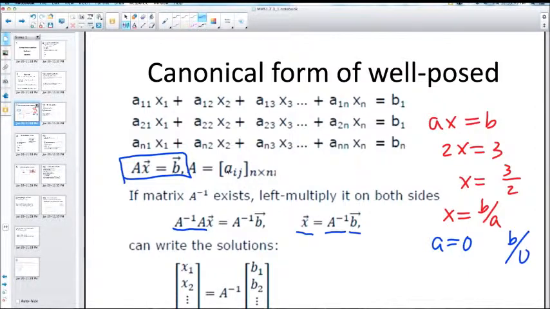Looks as easy as we do it in elementary school. But we know not all matrices have an inverse. So that's what I need to remind you at the very beginning. But in case the inverse exists, all you need to do is multiply the inverse on the left of both sides, and you do two operations.